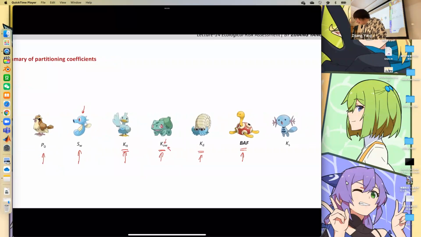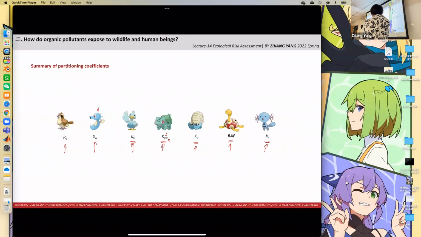And we also have KS, which I didn't discuss. This is a partitioning coefficient between water and sediment. This is similar to soil because the sediments may also have different components. So the partitioning coefficients will change case by case.